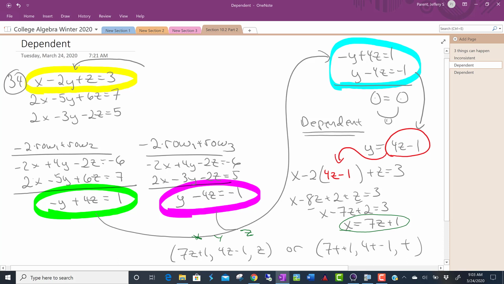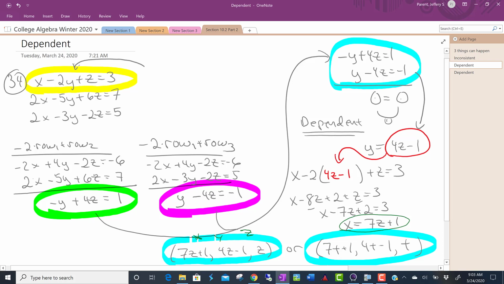So there's my solution. Nothing wrong with that at all, except for whatever reason, a lot of times books and WebAssign, instead of using a Z, they're going to want to use a T. And that would look like this here. So just replace the Z by a T and get that expression.